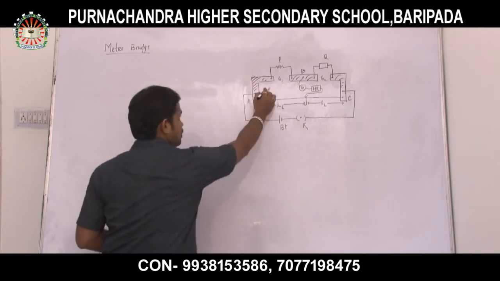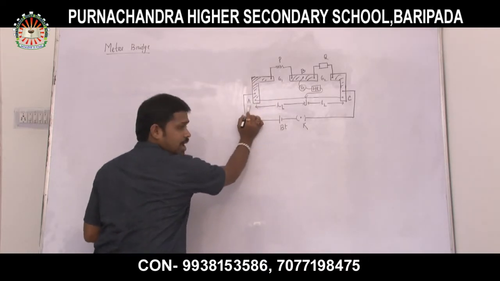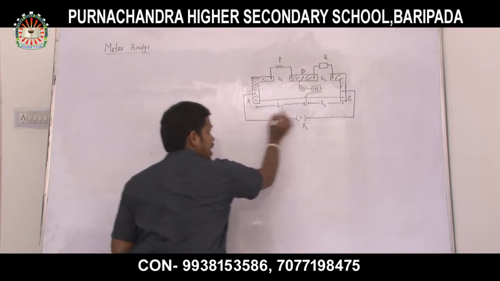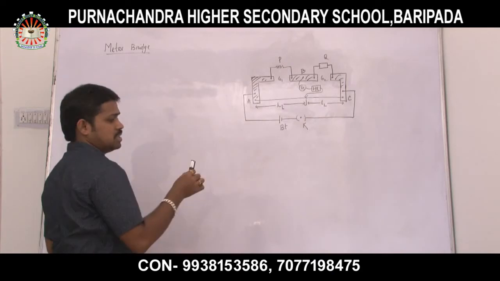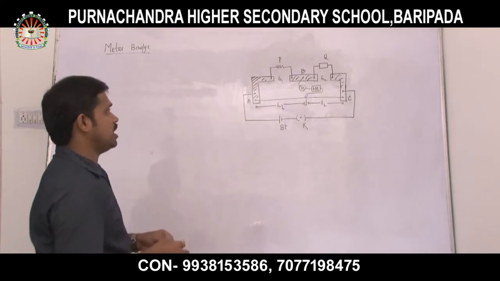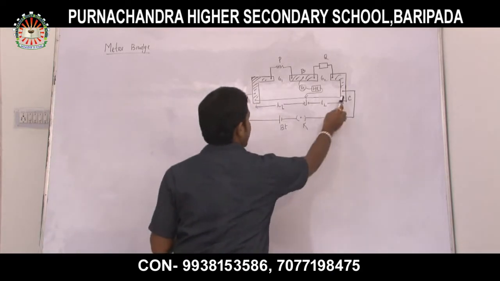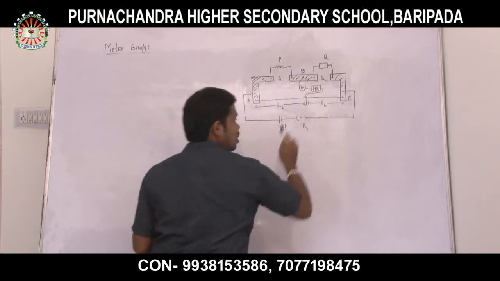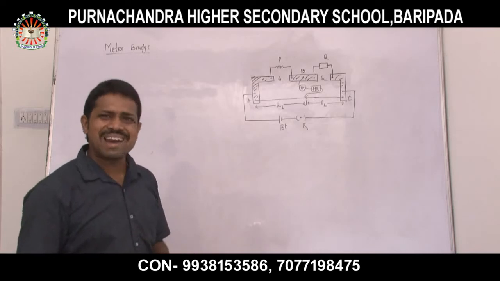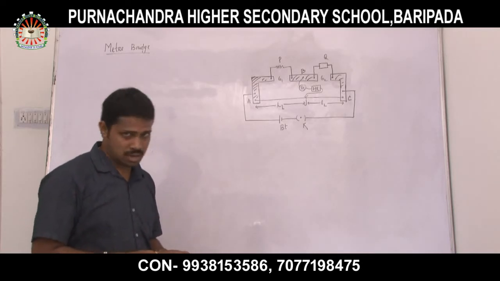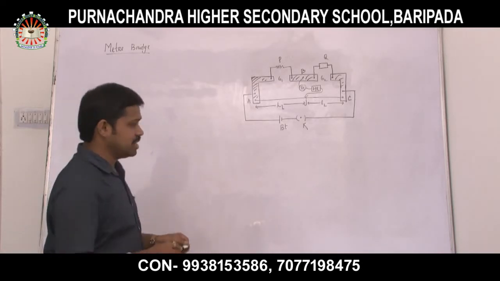Now look below it, at this figure. At point A and point C, there are two soldered points. These two points are connected with a wire made of a specific material, either manganin or constantan. Clear? Why are these materials used?